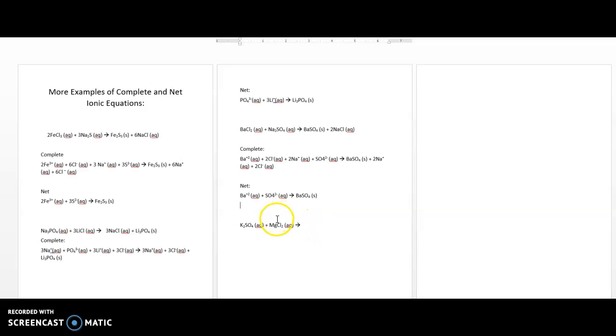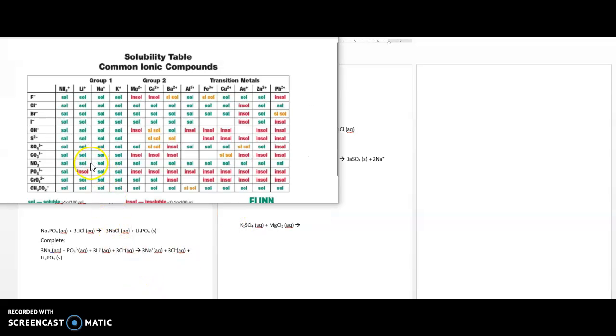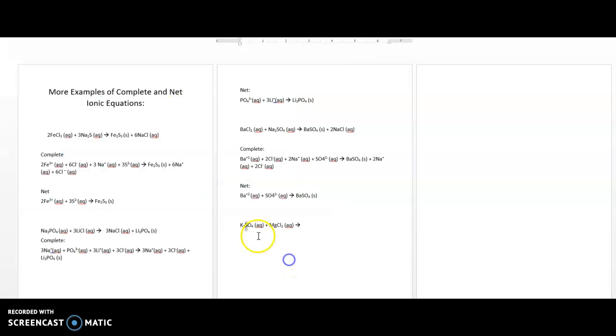Magnesium sulfate is quite soluble. But you guys don't want to see one that doesn't work, so let's pick one that would work. So let's make this magnesium phosphate.